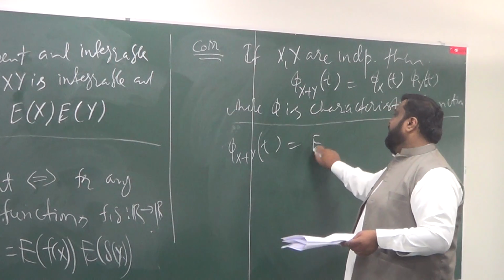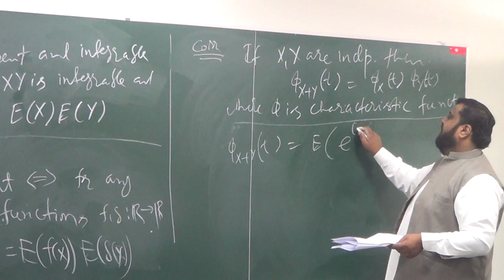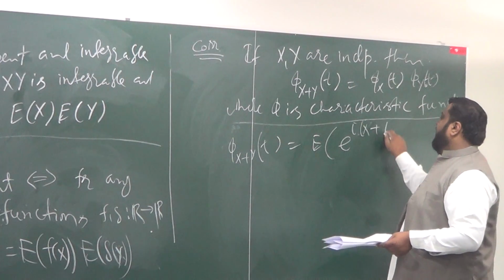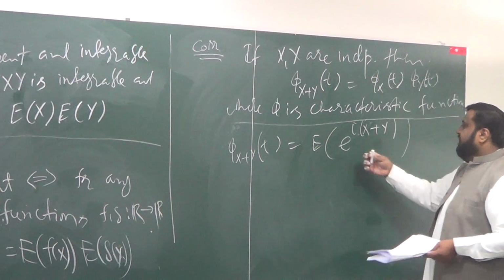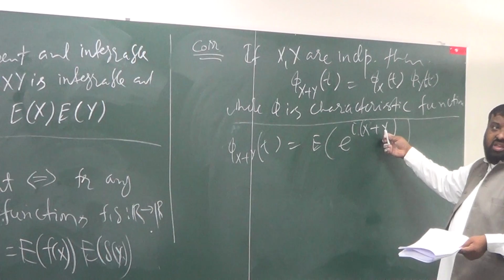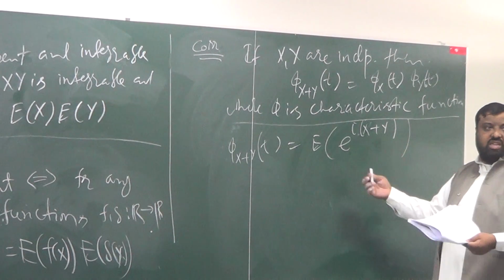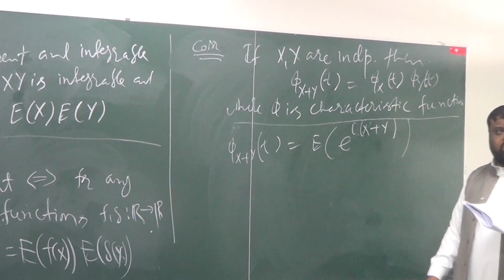It's the expectation of e to the iota (x plus y), something like that. Then I can split it into e to the iota x and e to the iota y, and e to the iota is a bounded function, so you can apply this result and deduce what you want.